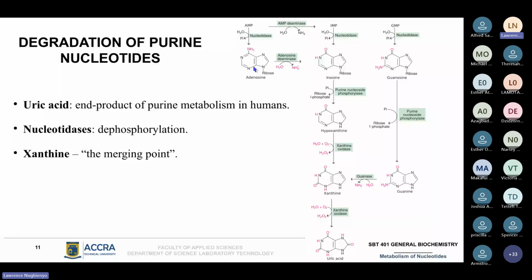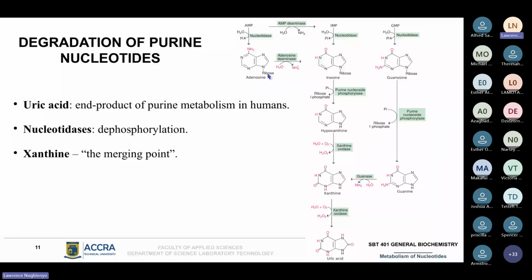That is dephosphorylation. And once the phosphate group is removed from adenosine monophosphate, you now have just adenosine, which means the base bound on the ribose, no phosphate group.